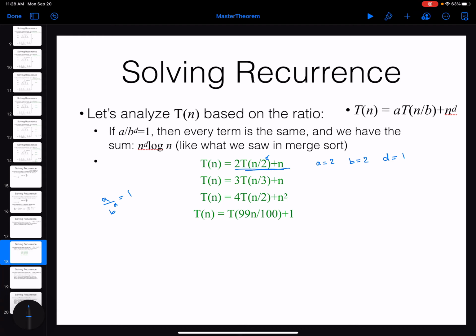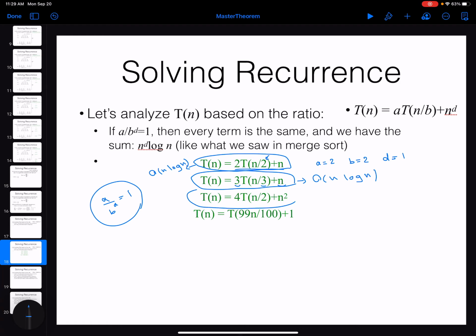So if you have a relation like this, you can immediately say that this is going to be O of N log N. Okay, another case. This is very similar to that. You have A, you have B, and the D, the power of N here, is going to be 1. Again, the ratio is going to be 1. The result of this recurrence relation is going to be O of N log N.